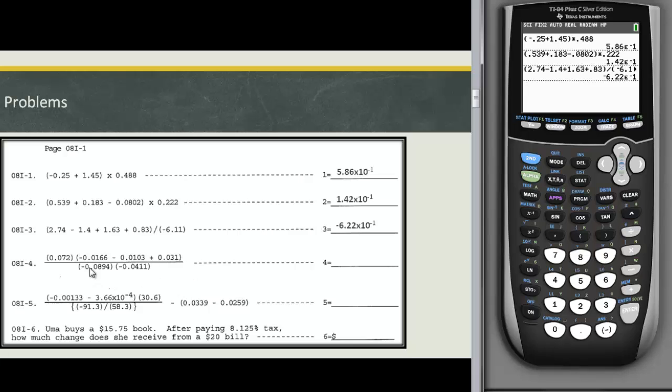So if we solve this from left to right, the calculator is going to say, if we put it in the calculator, and I'm going to go ahead and put it the wrong way right now, I'm going to have open parentheses 0.072 close, open negative 0.0166 minus 0.0103 plus 0.031 close parentheses, and instead of, I'm going to go straight to dividing, open parentheses negative 0.0894 close parentheses, open negative 0.0411 close.